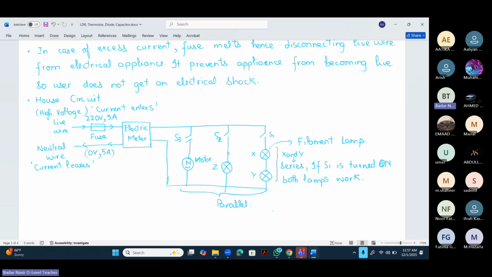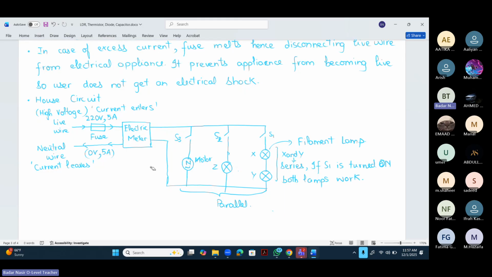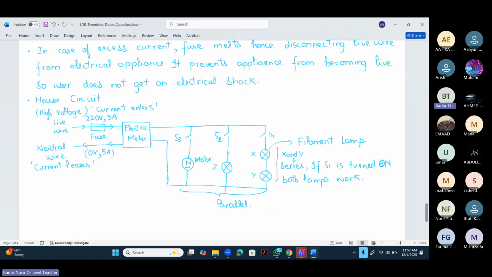And then at the end, once the current flows through these branches, it leaves the circuit through the electric meter. And the meter calculates your units, how many units of electricity we have consumed so far.